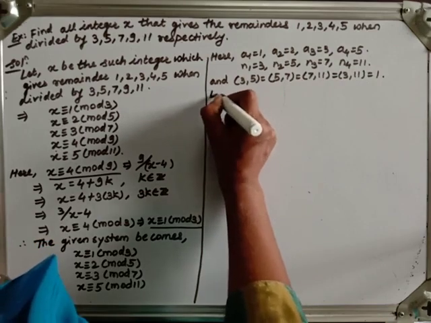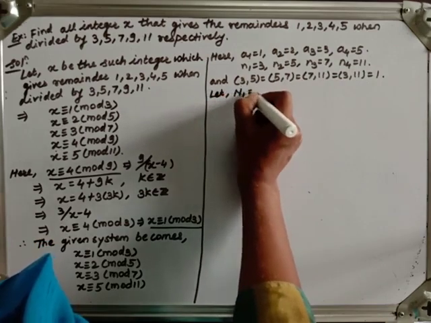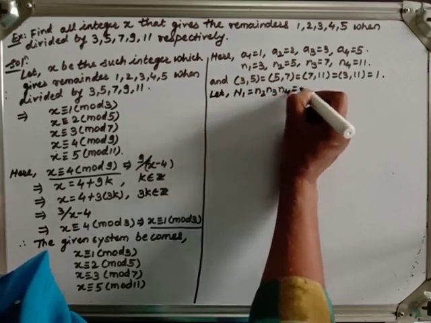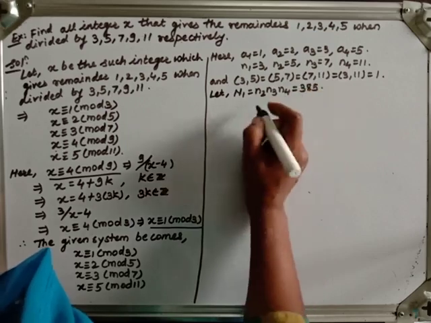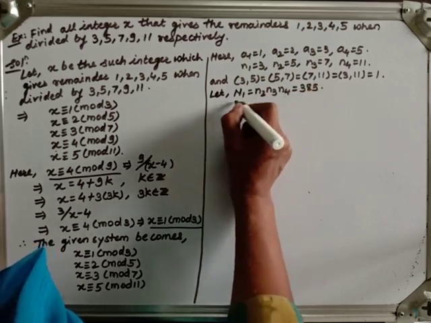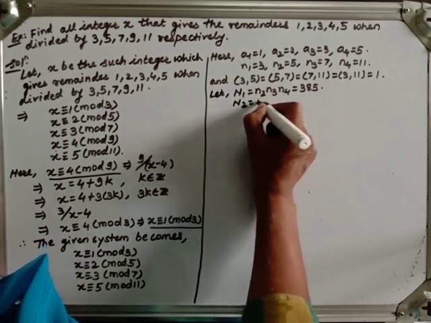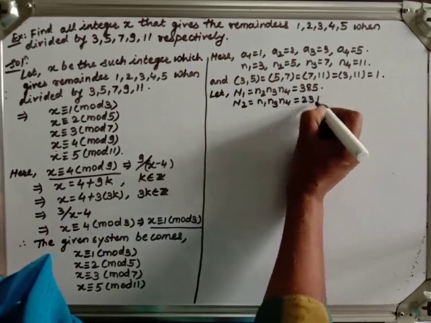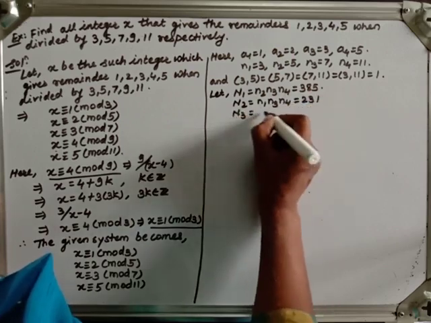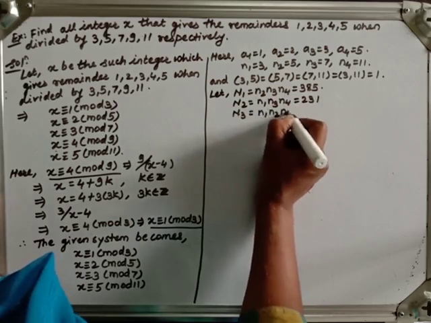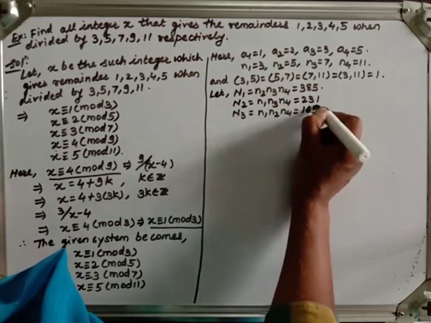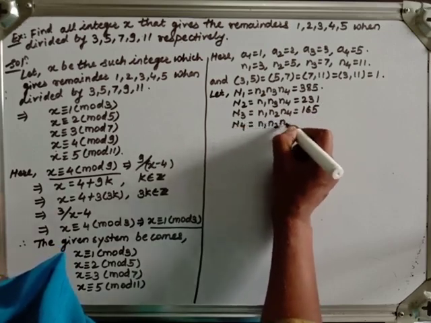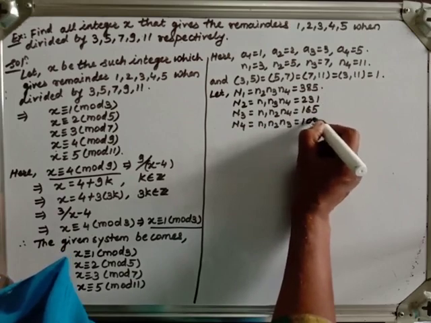Also, what is N1? N1 is n2 n3 n4, that is 385. What is N2? N2 is n1 n3 n4, that is 231. N3 is n1 n2 n4, that is 165. N4 is n1 n2 n3, that is 105.